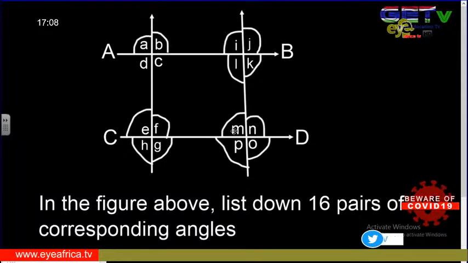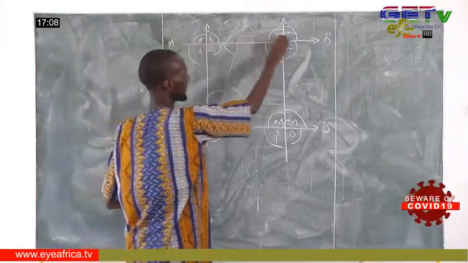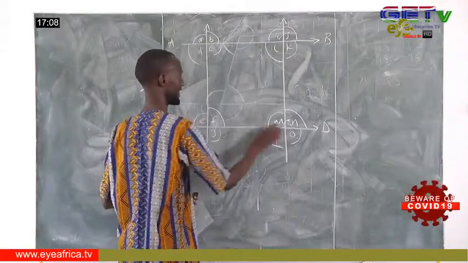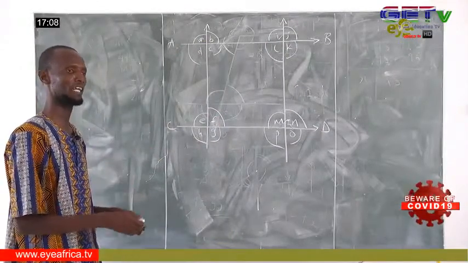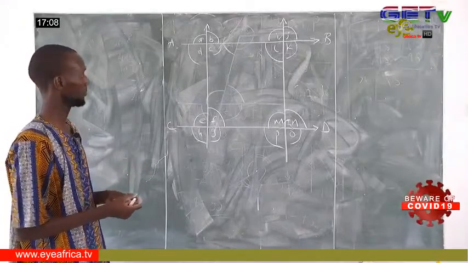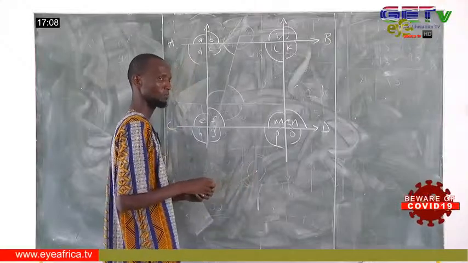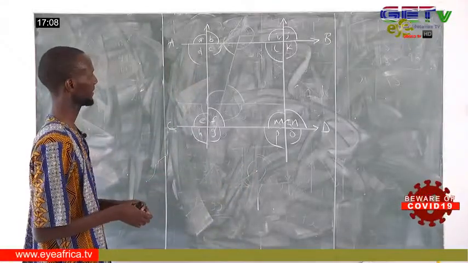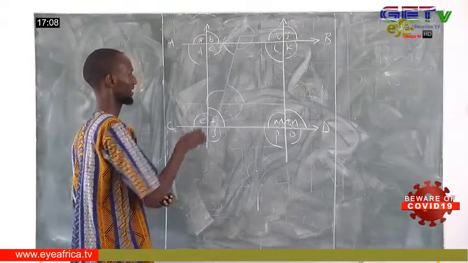Now, if we focus on the vertical parallel lines, therefore this AB and CD, the horizontal parallel lines, will now serve as transversals because they are cutting across the vertical parallel lines. So in that case, which angles are inside?